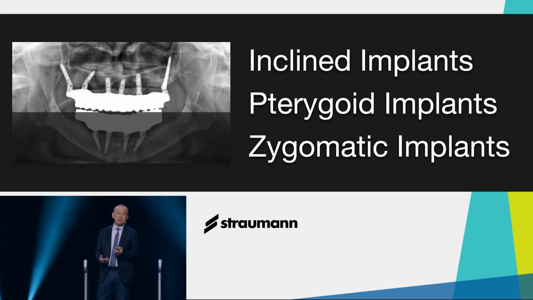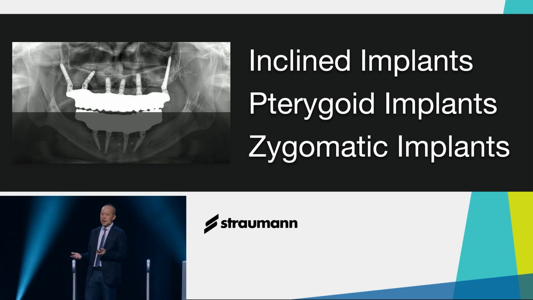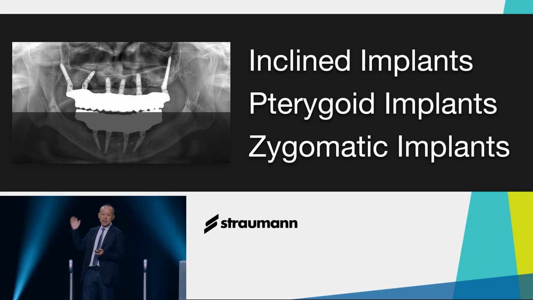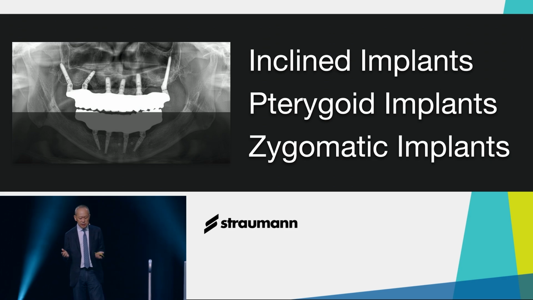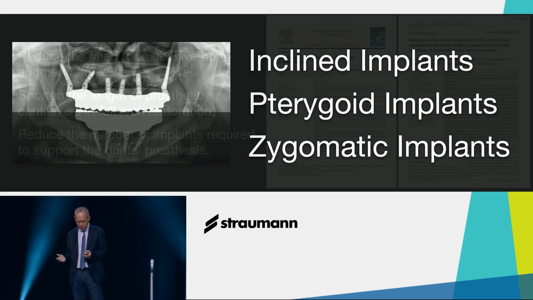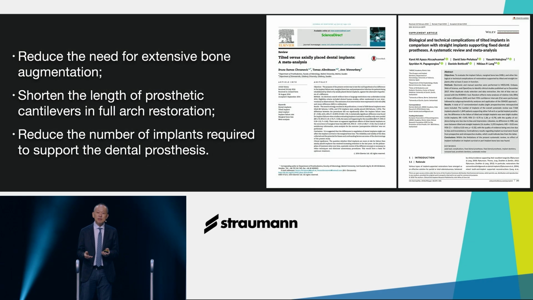Tilted implants, again, there are multiple techniques, including the inclined implants, whether inclined distally or mesially. And also we have pterygoid implants and zygomatic implants. The advantages of using inclined implants include this different aspect: reduce the need for extensive bone augmentation, shorten the length of the cantilever arms, which is considered biomechanically favorable.